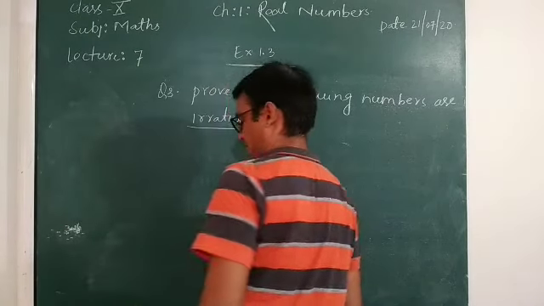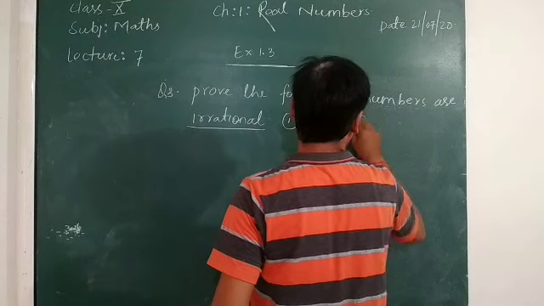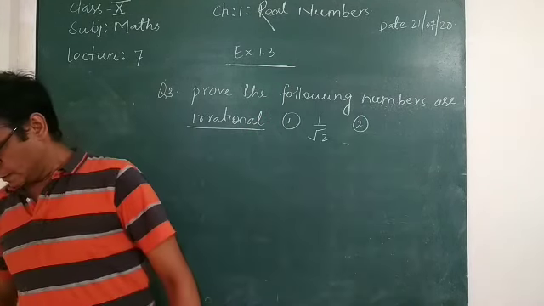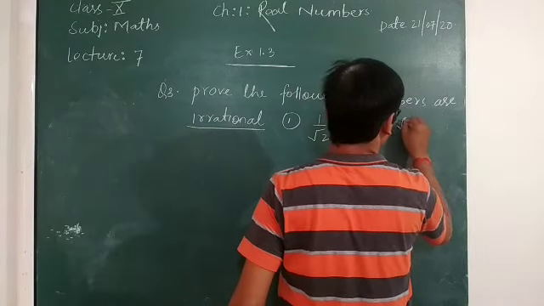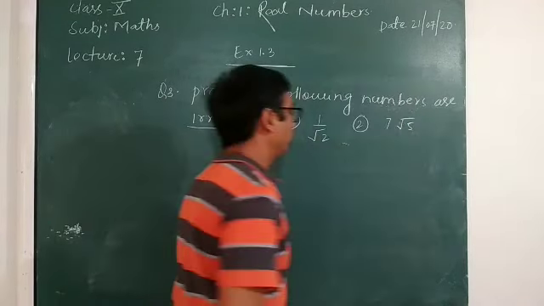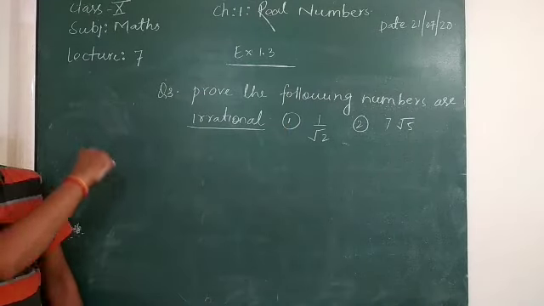So the first option is 1 by root 2, the second option is 7 root 5. Okay, so these are the options.